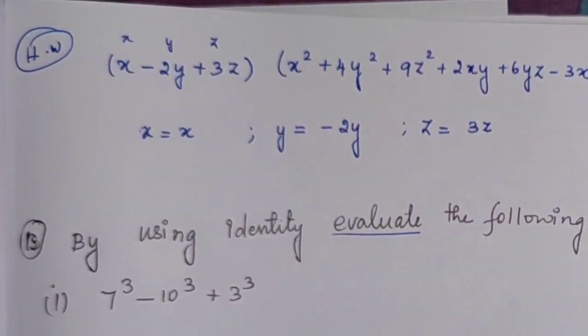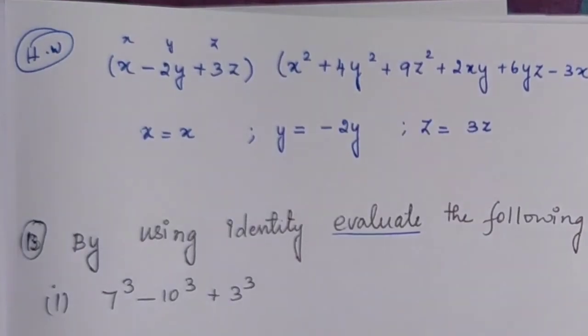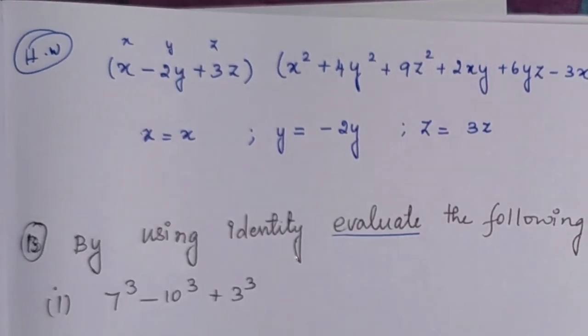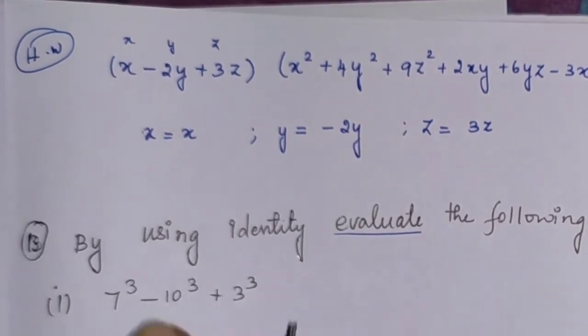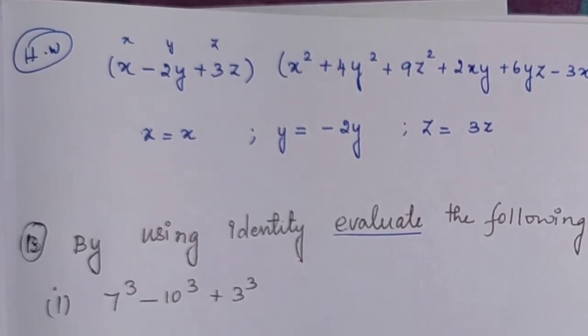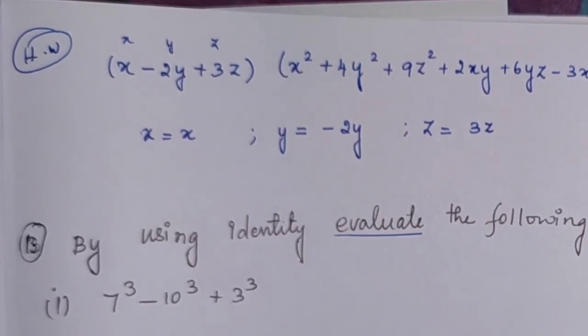So we are going to find this value. Here in the place of x I have 7, so x is equal to 7, and in the place of y I have minus 10, and in the place of z I have 3.